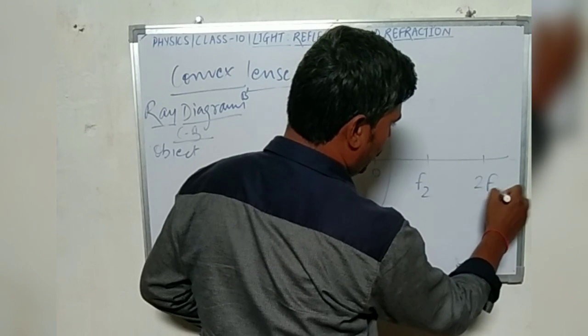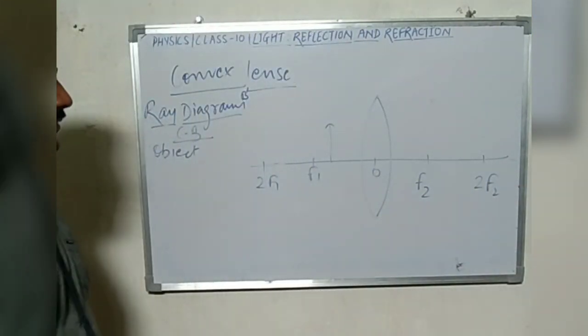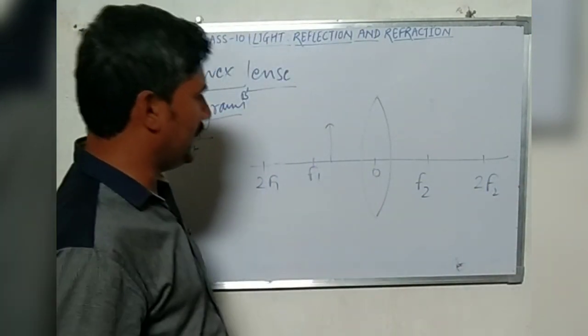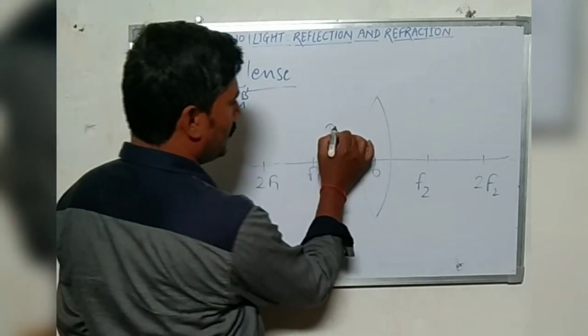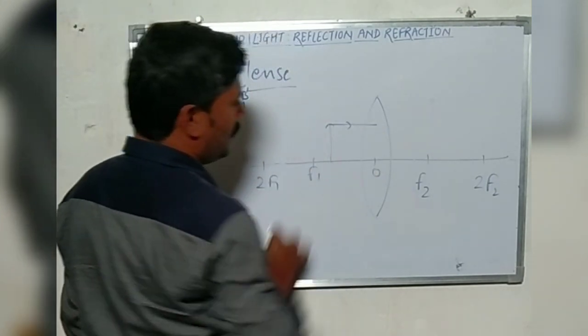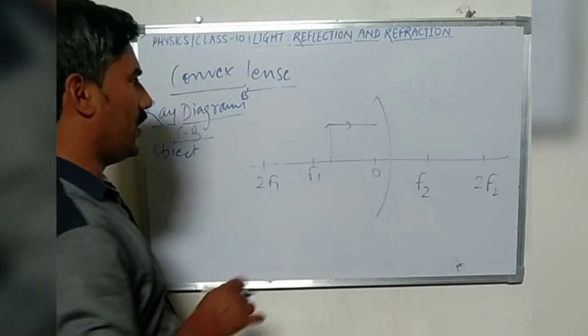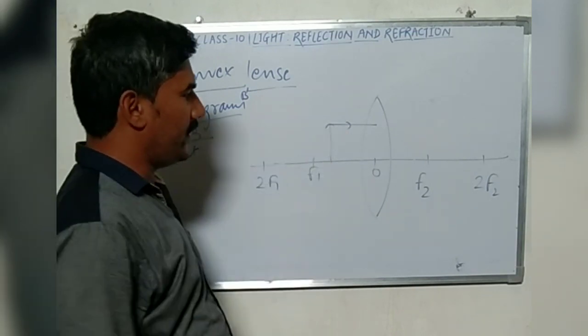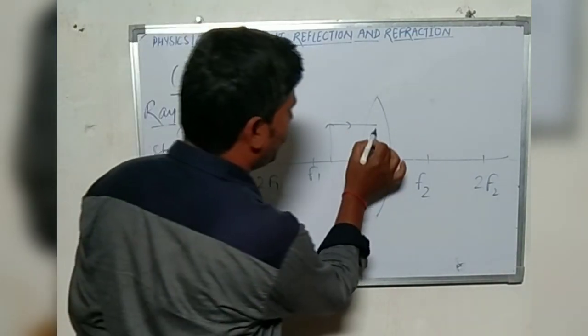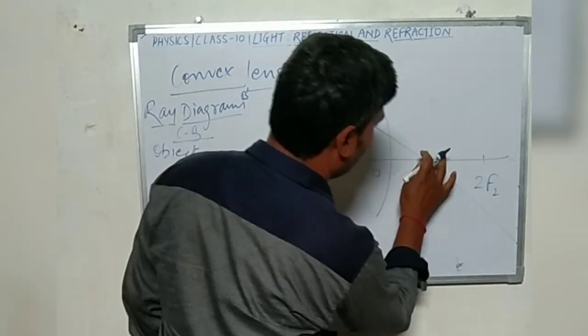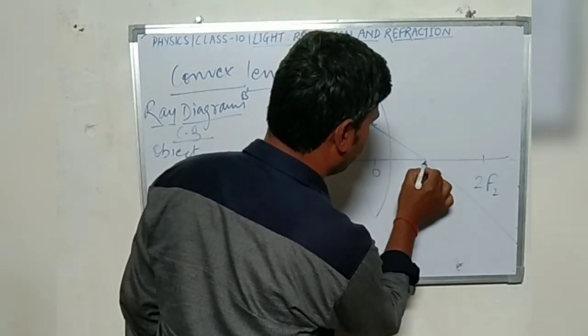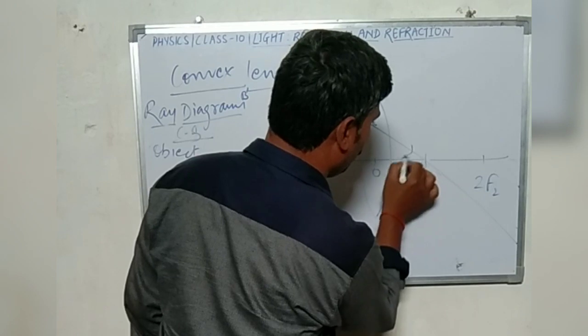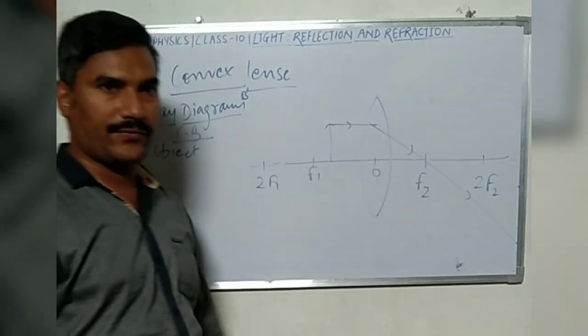Will a different type of image be formed? Yes. When rays strike this convex lens, they pass through the principal focus F2.